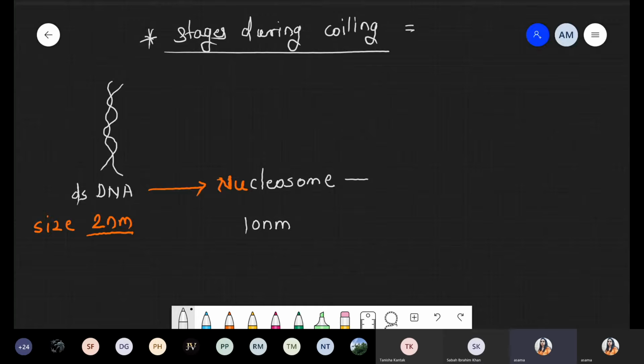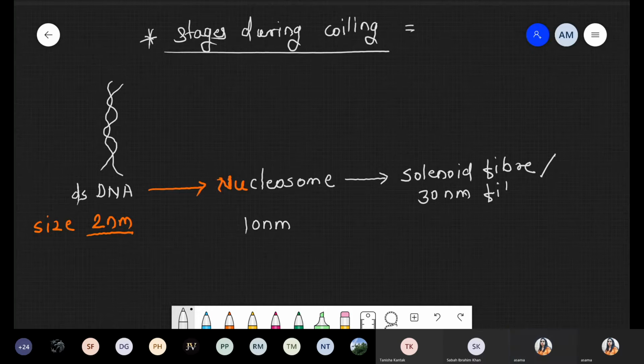Now above the nucleosome there is again coiling, and the nucleosome structure is converted into solenoid fiber. Again it shows condensation, and the solenoid fiber is also called the 30 nanometer fiber.